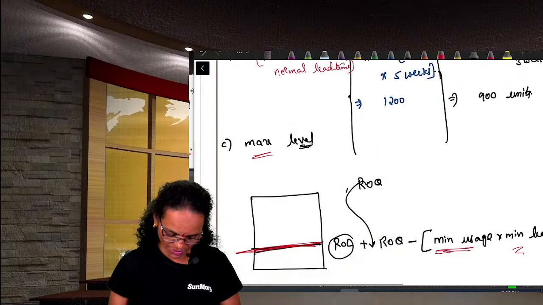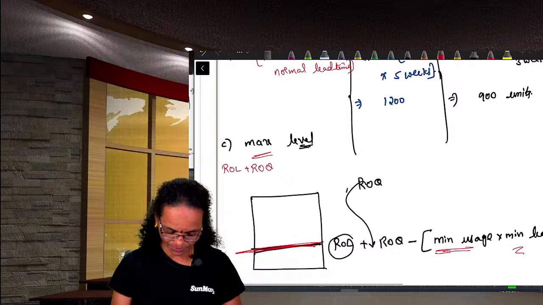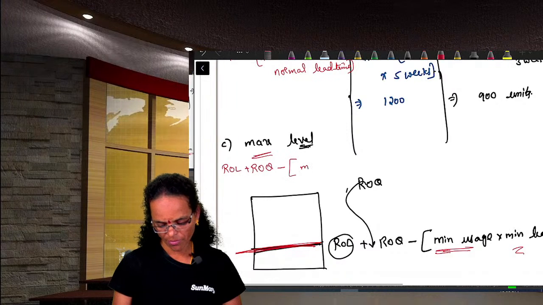So here the formula we can say: reorder level plus reorder quantity minus minimum usage into minimum lead time.